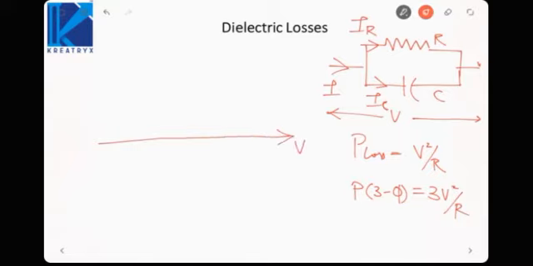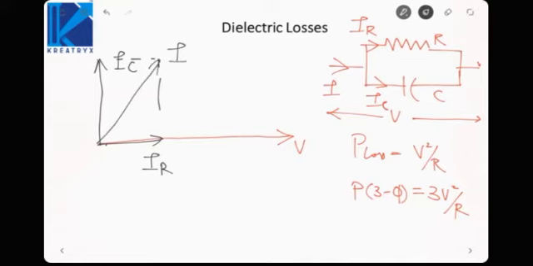this will be V. Then there will be a leading current, that is IC. And there will be a current in the same phase, that is IR. So the total sum of these two currents will give me I. And the angle between voltage and current gives me power factor angle.